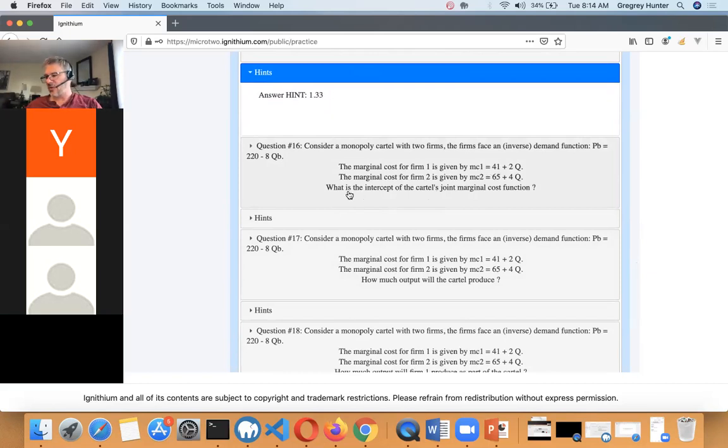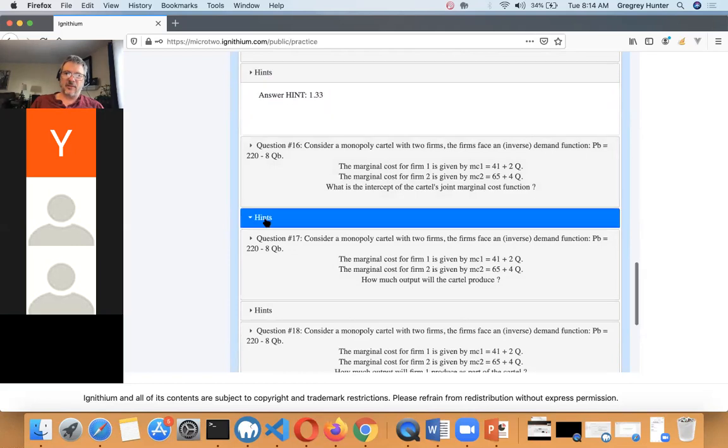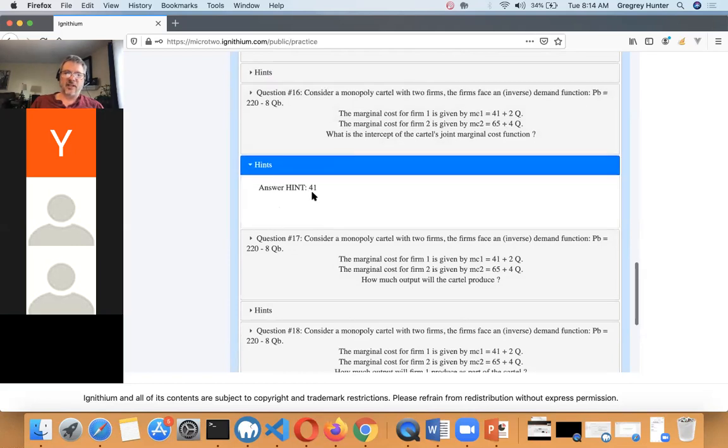So this is going to be 41 because we're going to use that first, and then when we get up to $65, suppose these are barrels of oil, once we get up to $65 a barrel at the low cost production facility, then we're going to start producing at both of them, and then we'll use this function, which is the joint. Okay.